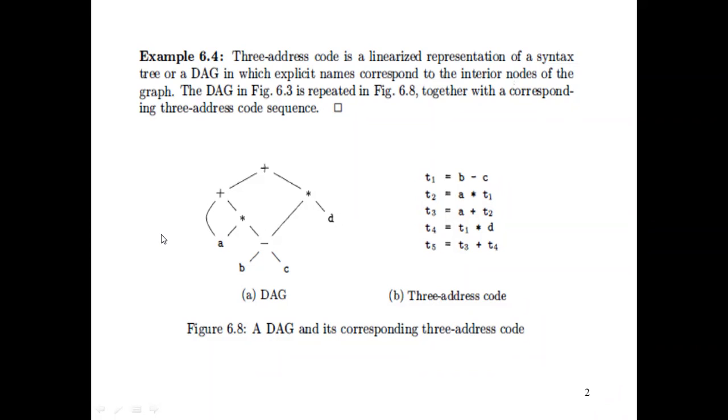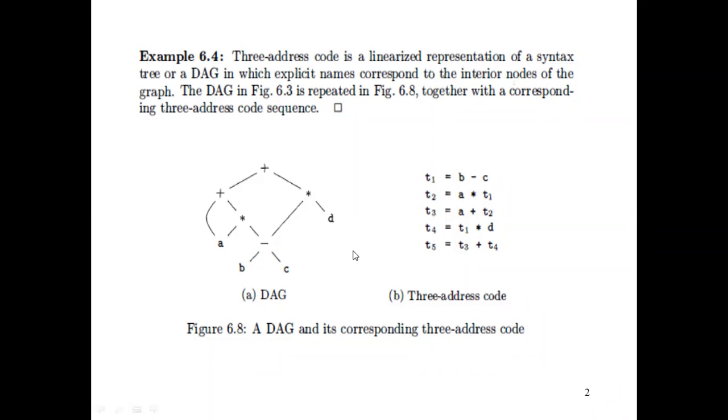Our purpose in drawing the directed acyclic graph is just to reduce the given expression and also reduce the number of variables in the expression, or we can say reduce the number of identifiers.